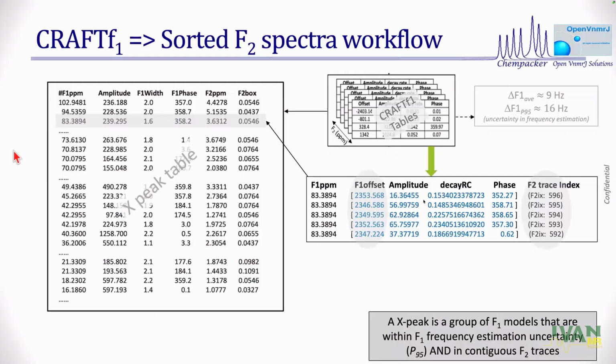So once I have the drawer, there's nothing stopping me from continuing that. I keep doing this over and over again until I'm exhausted with all the models that are in there. I generate a cross peak table. This is not coming from peak picking of a 2D spectrum. It came from grouping them automatically using two constraints, F1 constraint and F2 constraint.